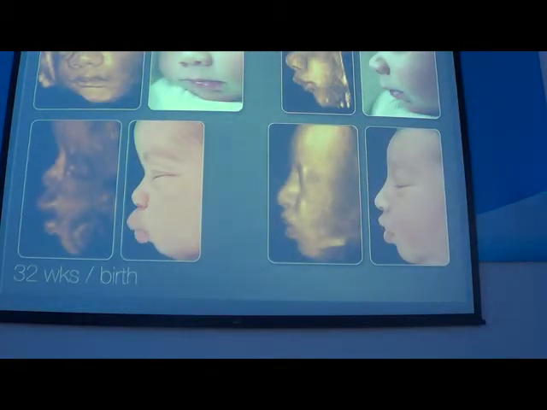And this our baby at 32 weeks and 2 months after delivery, and you can see it's not only a pretty picture, it's really close to the reality.